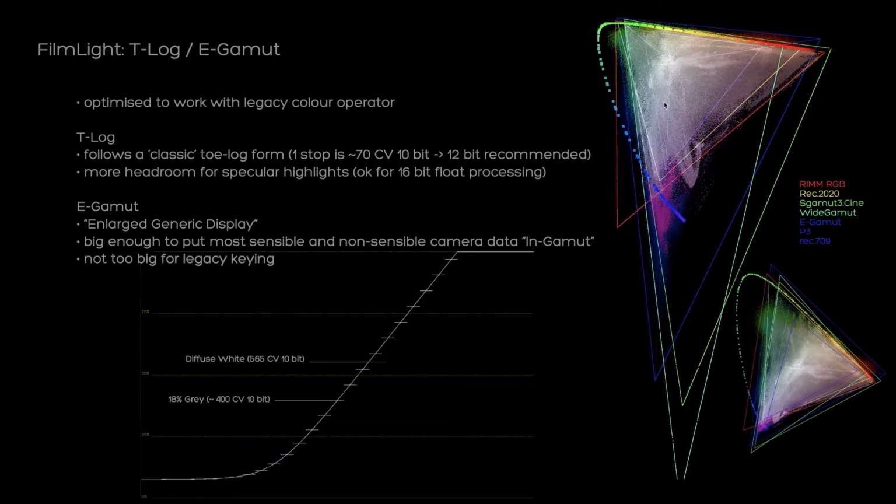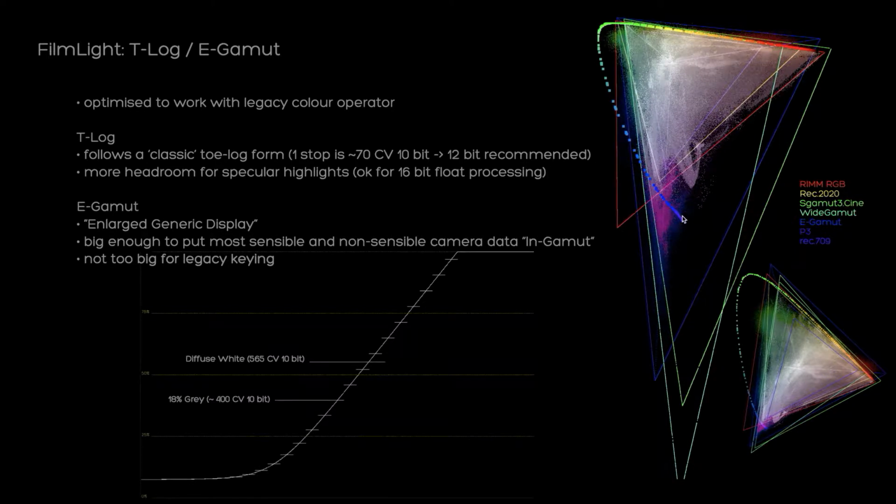And we made the primaries as small as possible, but keeping an eye on the extreme output of a typical cinema camera. We try to find a set of primaries so that all camera data ends up in gamut of the working space, because legacy operators do not handle negative values and out of gamut colors very well.